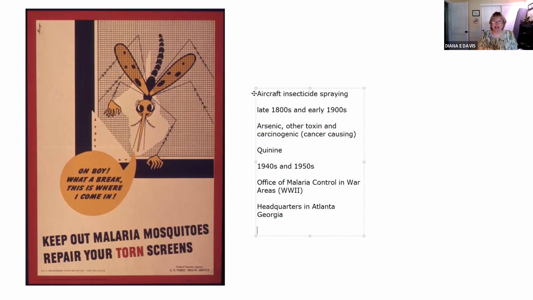The Office of Malaria Control in War Areas eventually became the Centers for Disease Control, which is still housed in Atlanta.